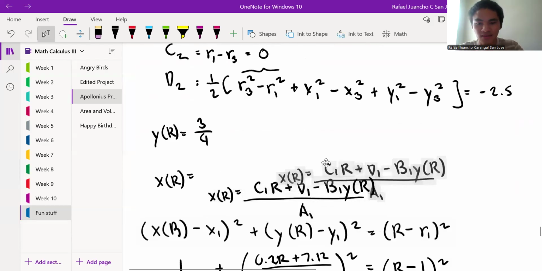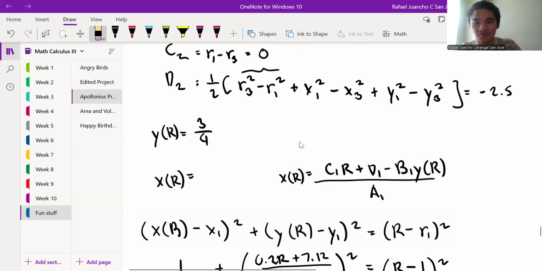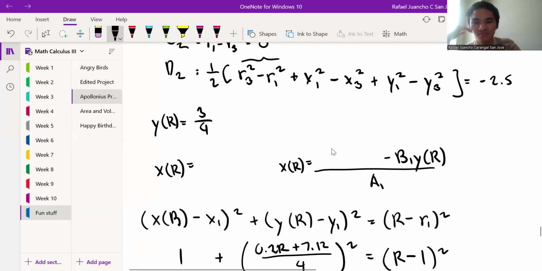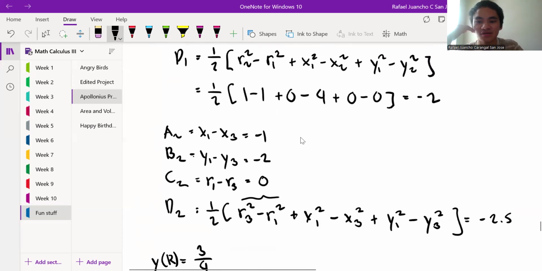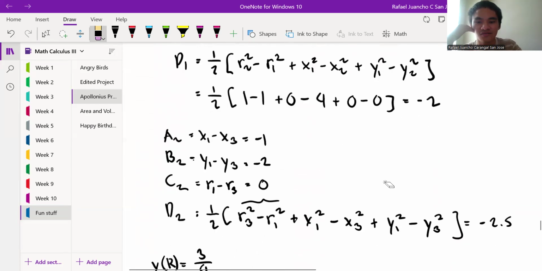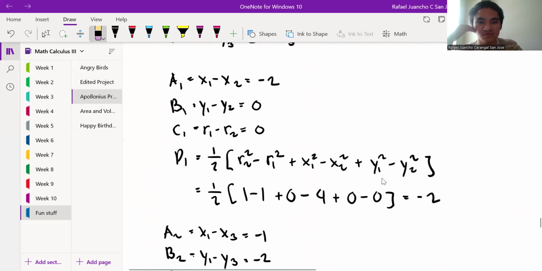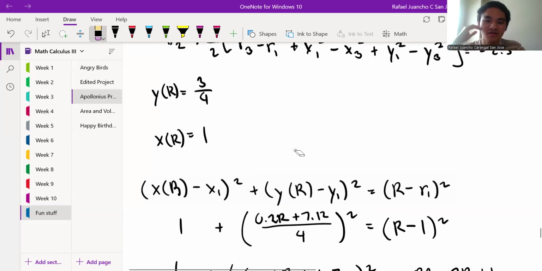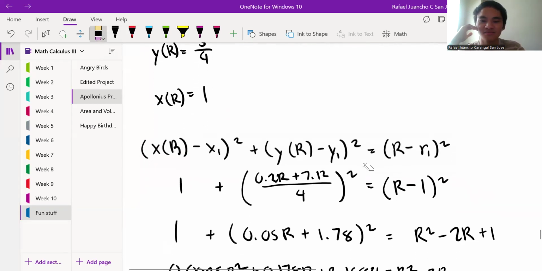So again, C1 is just 0. D1 is negative 2, so this is minus 2. See how it nicely cleans up. And then again, this one's 0. A1 is negative 2. Ooh, nice formula. This one's again 1, right? It's 1 again. And then from there, we just plug it in to get R, right?